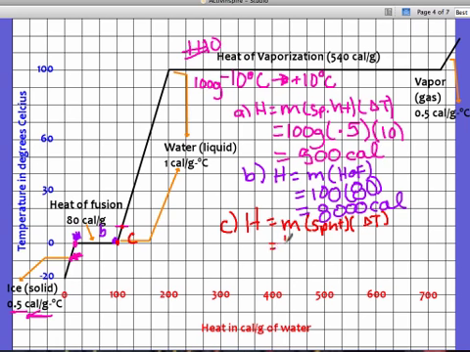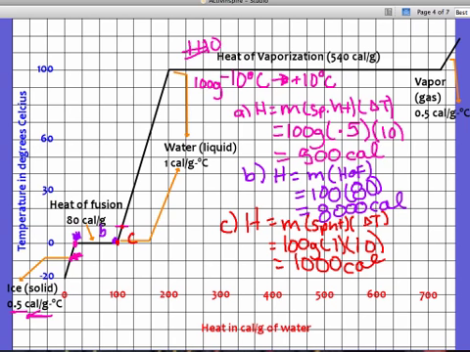My mass is still 100 grams. It's like having 100 cars going up 10 miles, and my rate for every car is 1 calorie per gram degree Celsius. So I'm going to take 100 times 1 times my change in temperature. I'm going from 0 to positive 10, so it's going to be 10. So I take 100 times 10, it's going to give me 1,000 calories.